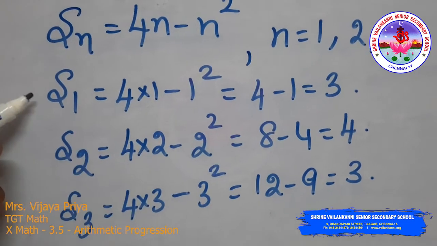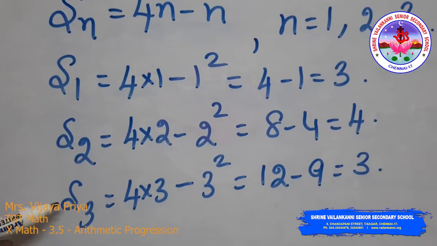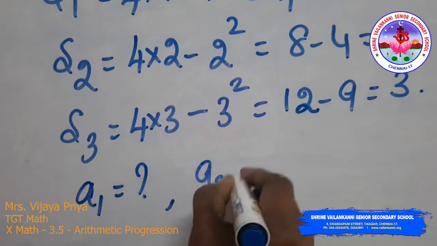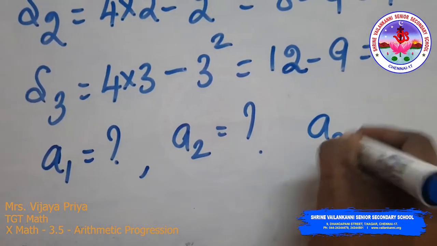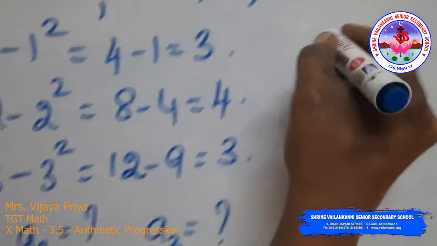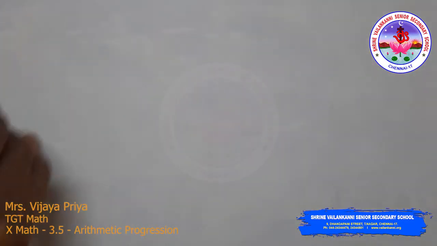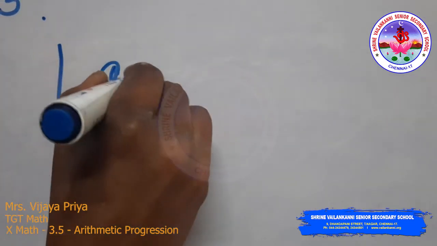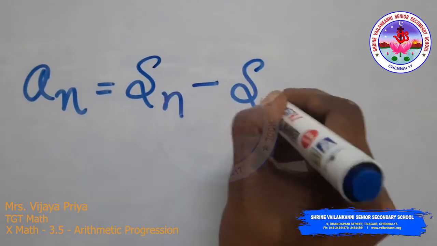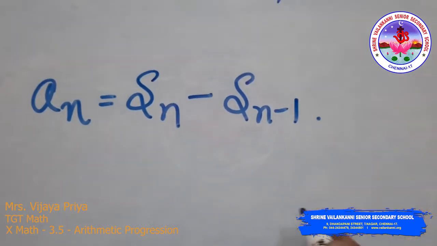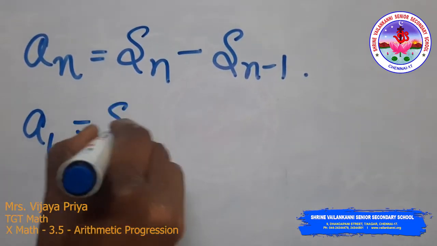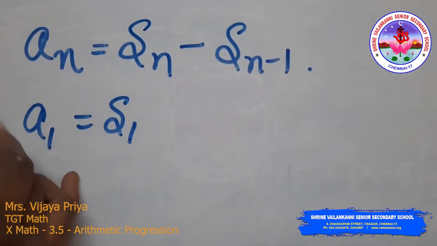So after finding S1, S2, S3, we need to find out a1, a2, a3. These can be got by using the formula an is equal to Sn minus Sn minus 1. Here, the first term always remains as it is for Sn, since there is no previous term.